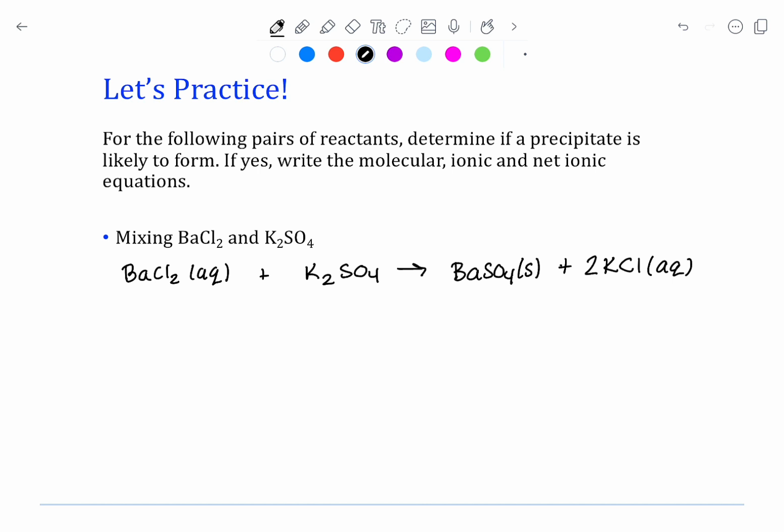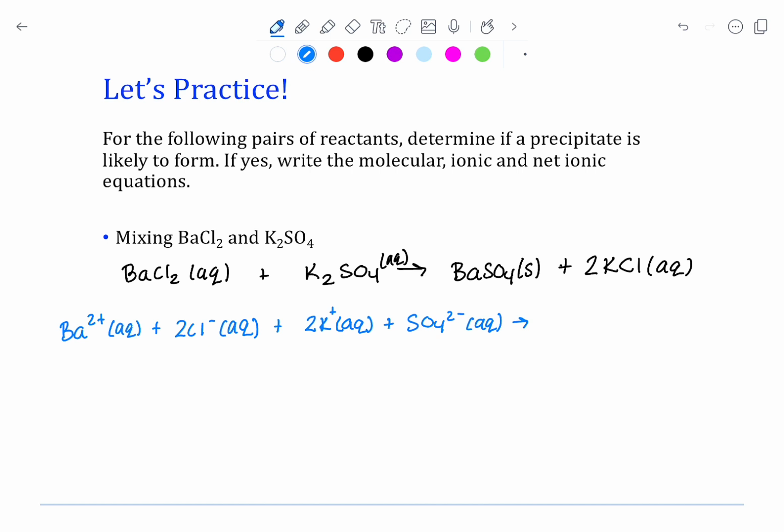Okay, so our next step is to write the ionic equation. We're going to write everything with an AQ, which I forgot here, there we go, as its individual ions, making sure to balance. So here we're going to have barium 2+ aqueous, plus 2Cl- aqueous, plus 2 potassium pluses aqueous, plus sulfate 2- aqueous.